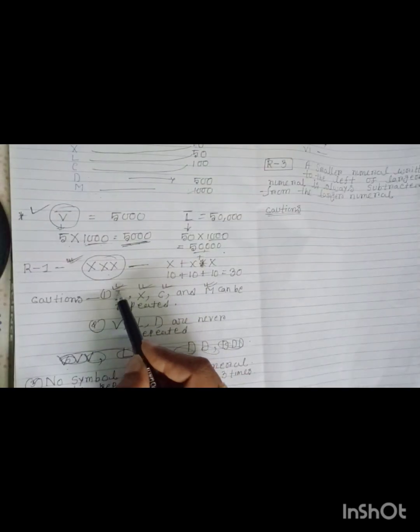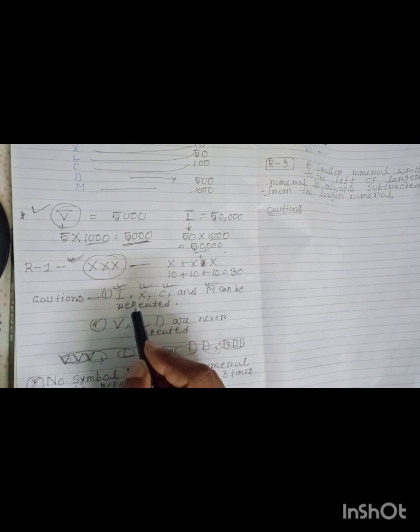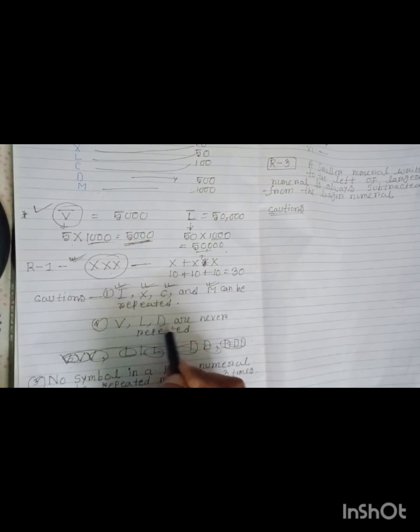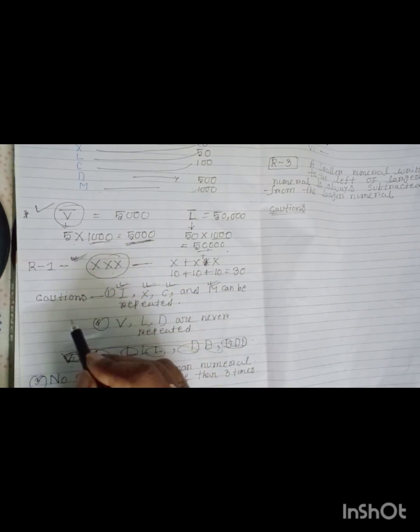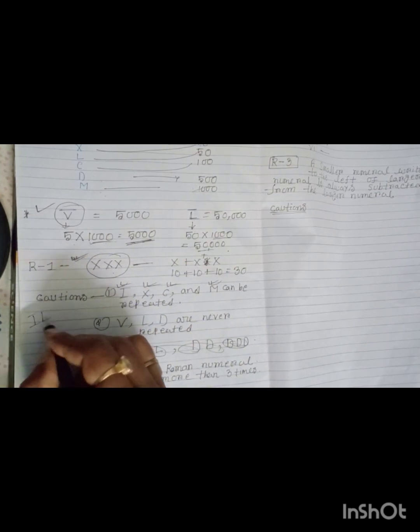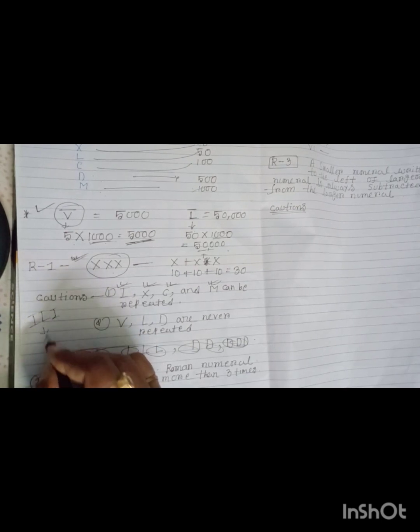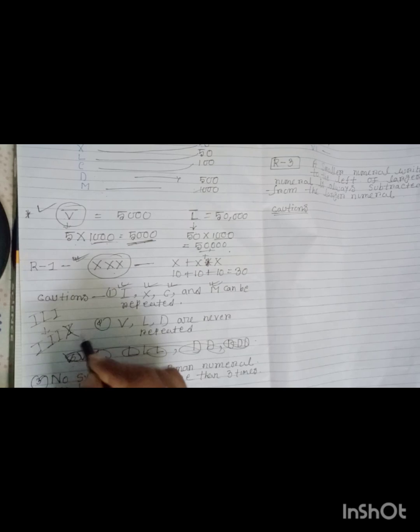So we can only repeat I, X, C and M, but we can't repeat V, L and D. We can write triple I, but we can't write 4I, because we can't write any numeral more than 3 times.